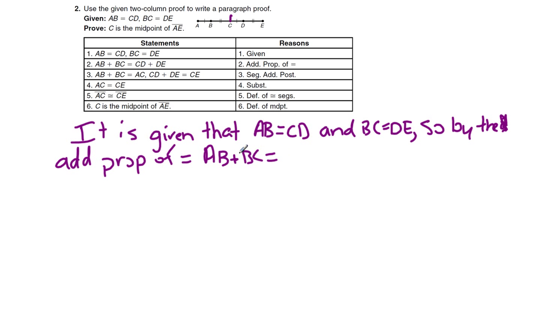Well, there's two things we could put. We could put this equals AC, or we could put what's up here and say that's equal to everything on the right side. So CD plus DE. Okay, so that gets us our first two steps here.